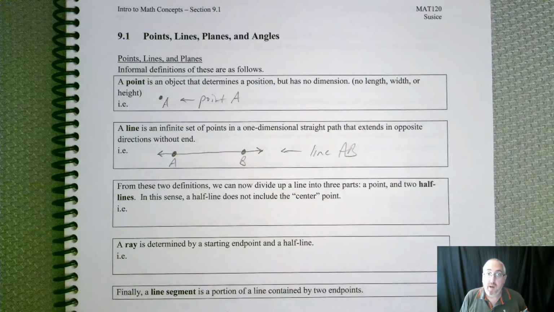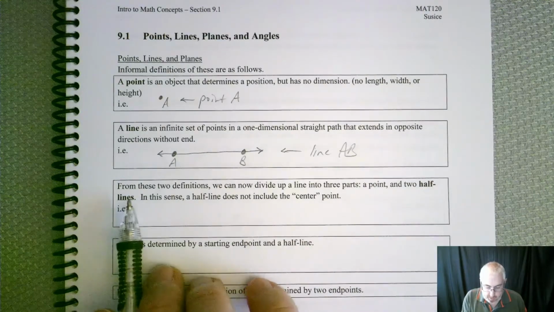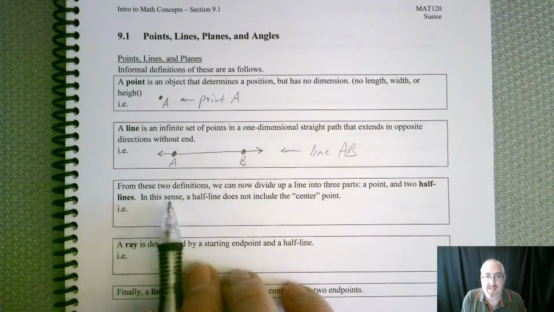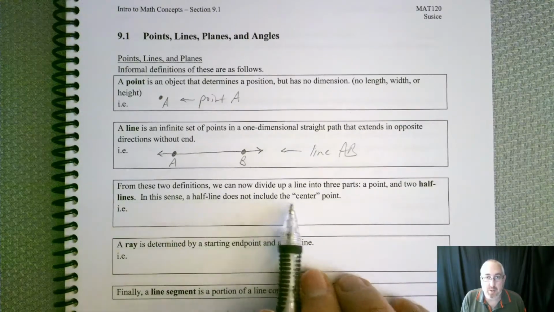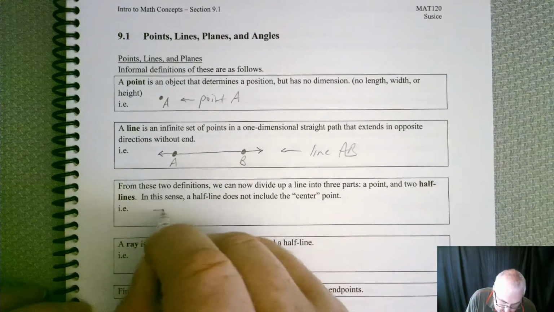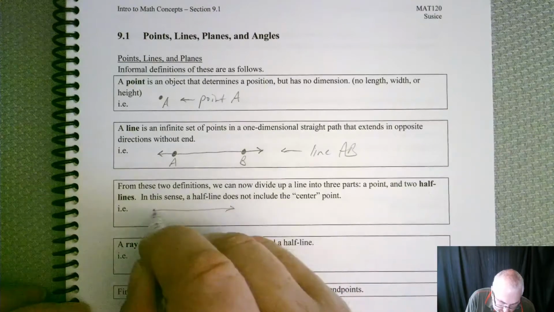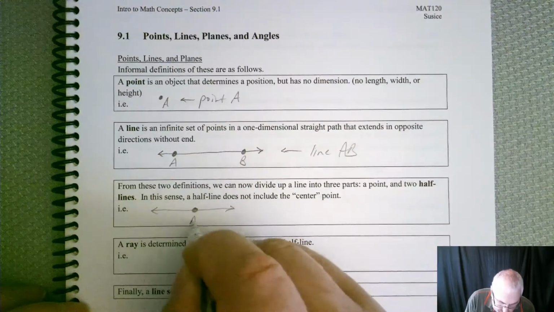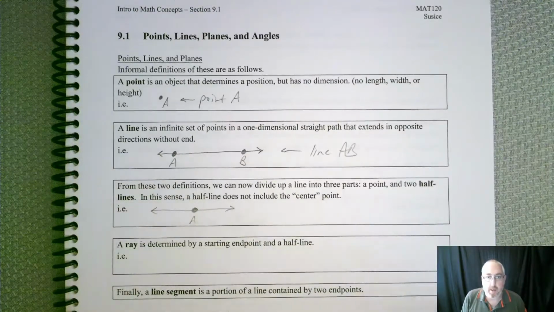All right, so far so good. Now, from this, we can kind of break it up some. We're going to break it up into 3 parts, a point and 2 half lines. In this sense, a half line does not include the center point. Just like I said before, we don't typically use 1 point, but for this example, we will. So if I have a line and I demonstrate it using a single point, we can split it up into 3 chunks.